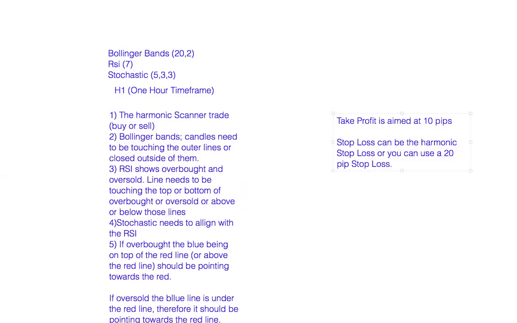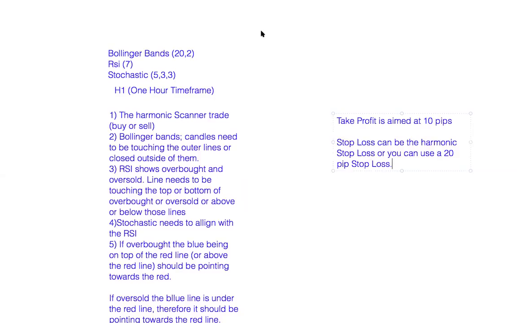So the choice is yours. It doesn't matter which one you use. Again, stop loss is used in order to protect your balance and manage your risk. So take profit is aimed at 10 pips, and stop loss can be the harmonic scanner stop loss or a 20 pip stop loss.